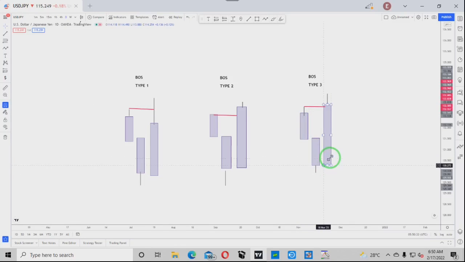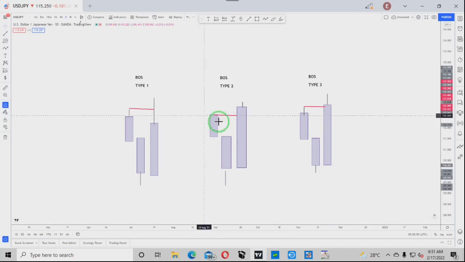So this is a candle body closing above a candle wick. This is the third type of break of structure. This is the type that we consider at Rally Top as a valid break of structure. You understand that, guys? This is our valid break of structure.